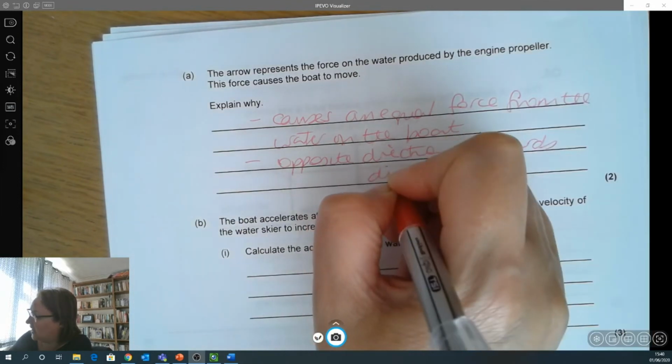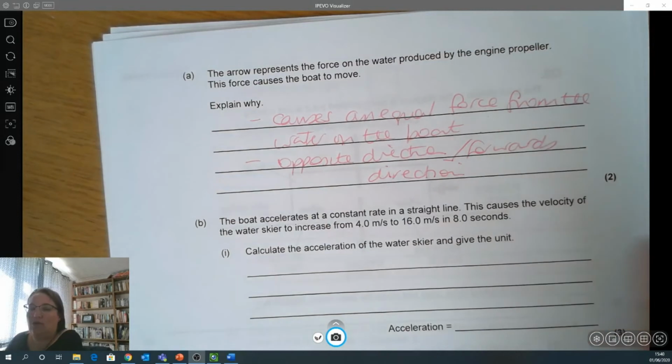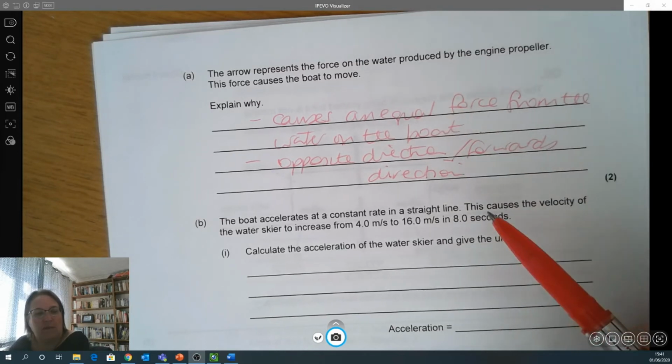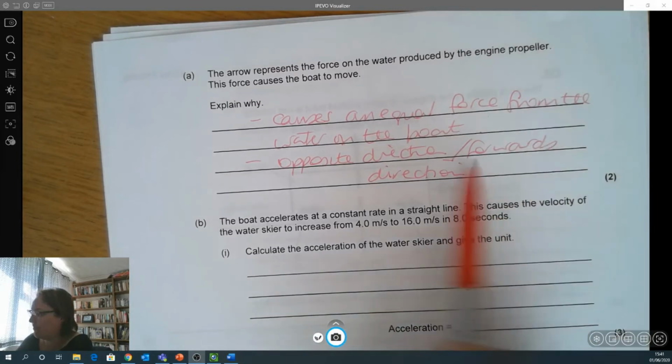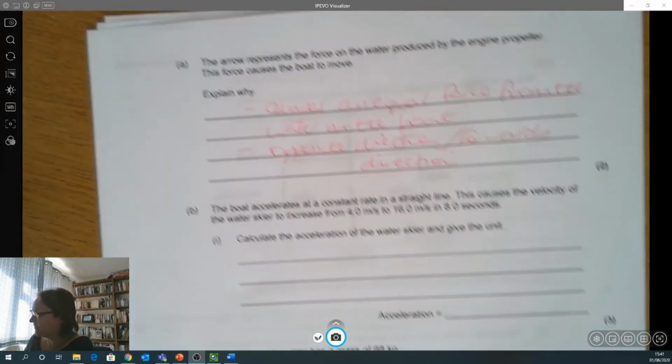Now, crucially, I hope you can recognise that you wouldn't get 2 marks for just saying there'll be an equal and opposite force, because the crucial thing they're trying to see is that you understand the force is on the boat and it's from the water, and it's in an equal amount and in an opposite direction. So that bit of extra information is really crucial to getting that mark.